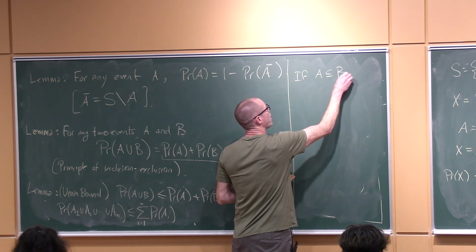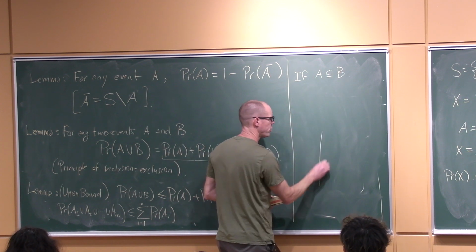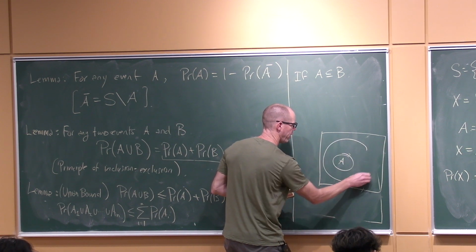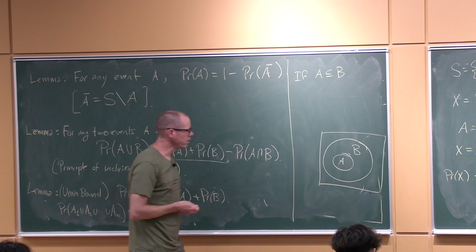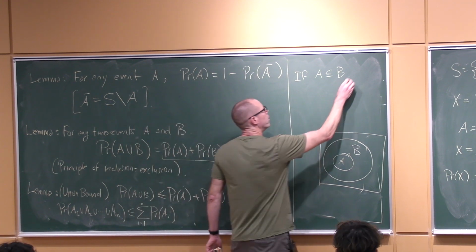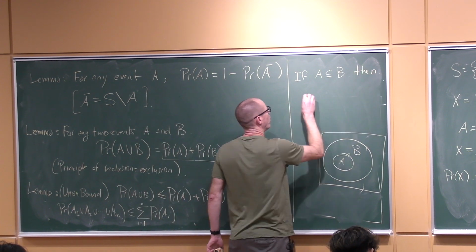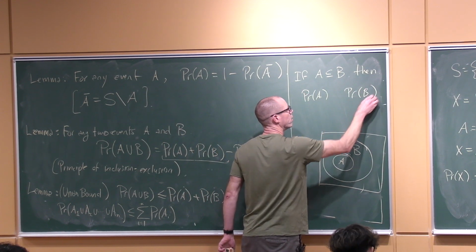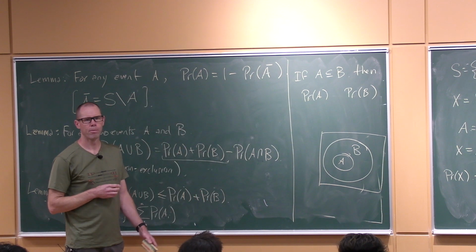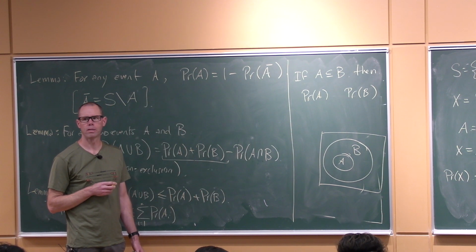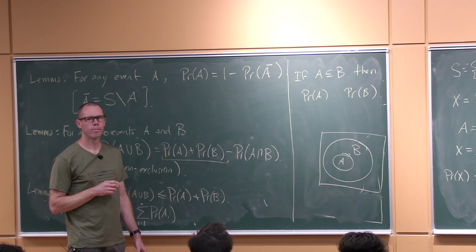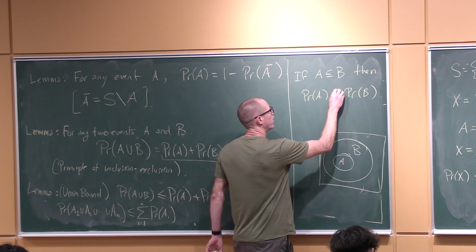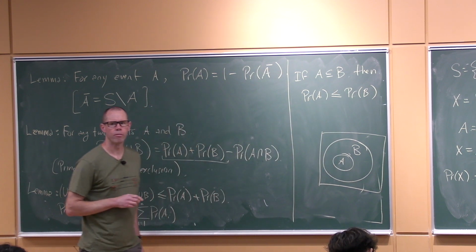If A is a subset of B, so that's a picture like this, you have A and you have B containing A, then what do you think I'm going to tell you about the probabilities of A and B? What's the relationship between those probabilities? Yep. Probability of A is less than or equal to the probability of B.